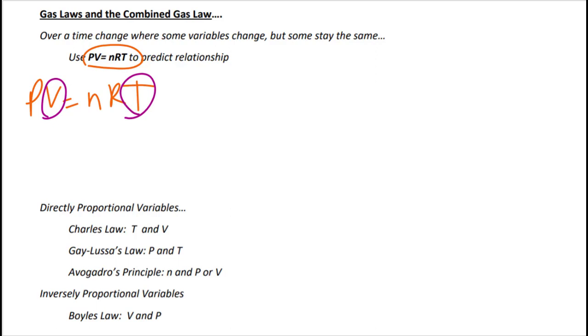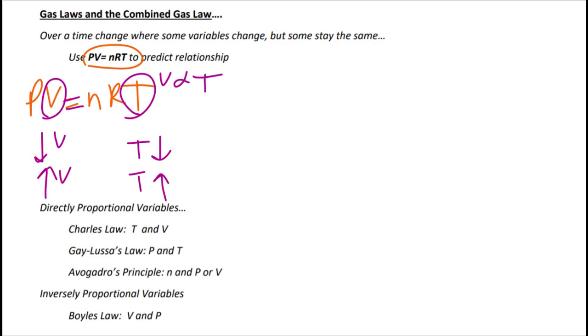And so, as we just saw, that when temperature decreased, volume decreased, and I'm going to put that over here. When temperature decreased, volume decreased, and when temperature increased, volume increased. And because of this, they have a direct relationship. Also, notice that they are on opposite sides of the equal sign. So we can say that volume is directly proportional to temperature.